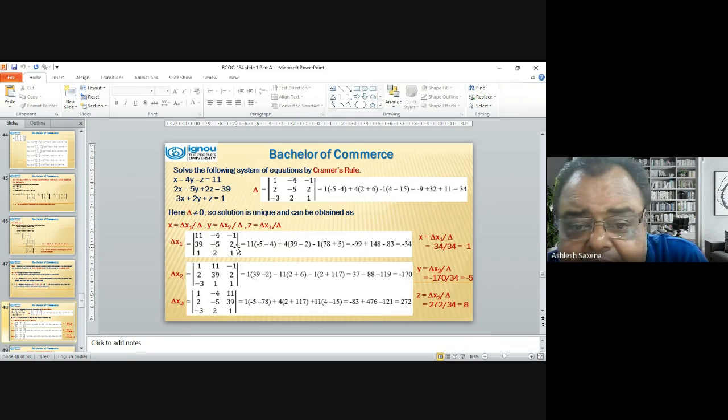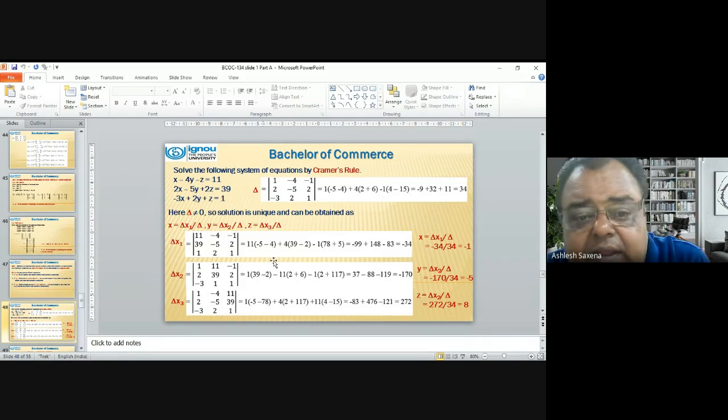Starting with 11, remove this, minus 5, minus 4, minus 9. Over here we will be changing the sign, the plus 4, remove this, 39 minus 2. The third one was to be plus, but it has been minus over here, replace this minus 1, remove this, 78 plus 5, 83. Simplify it, you will get minus 34.